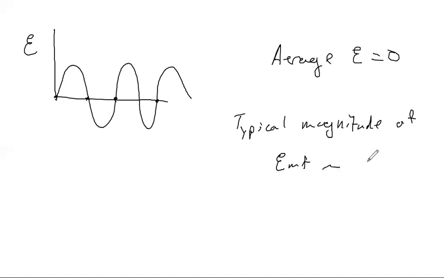And that's going to be the RMS value, the root mean squared of the EMF. So remember, RMS means square it. So it's the square root of the average of the square.